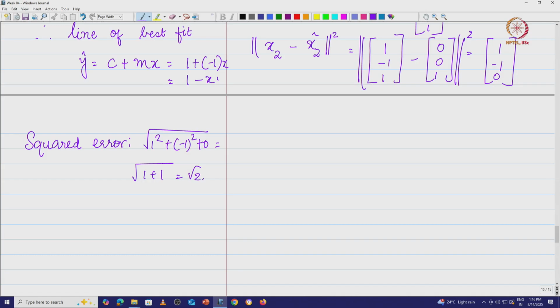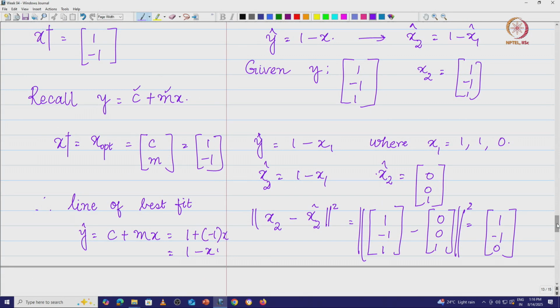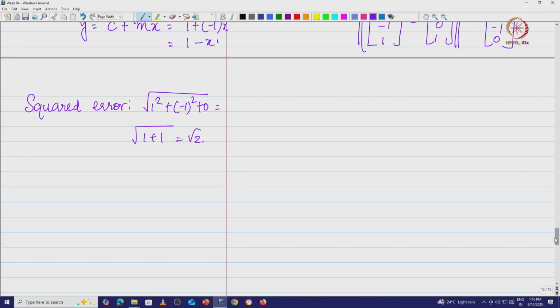I have substituted the values of x 2 hat, which is basically obtained using y hat, or x 2 hat is equal to 1 minus x 1. So, we have substituted this, and this is the value that we get. So, what do we understand from it?